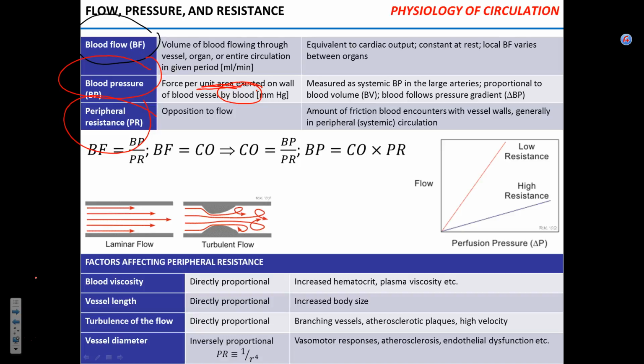Now, blood pressure is a systemic parameter. Ideally, we should measure blood pressure at the place where the aorta leaves the left ventricle. We cannot do that without killing a patient, so it would be an invasive procedure. So we should measure it in the large arteries, okay, like the axillary or brachial artery.